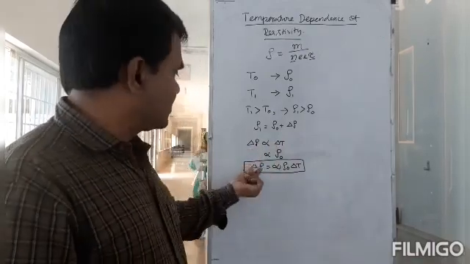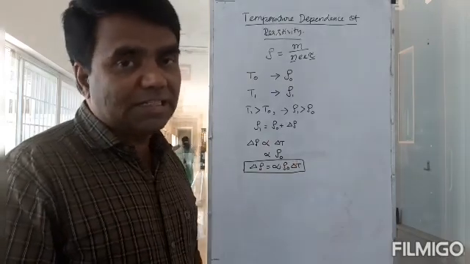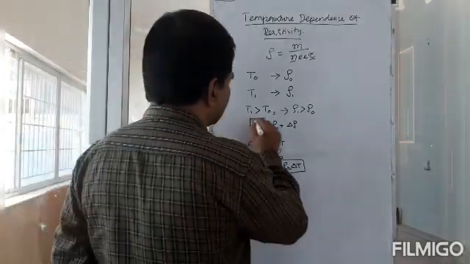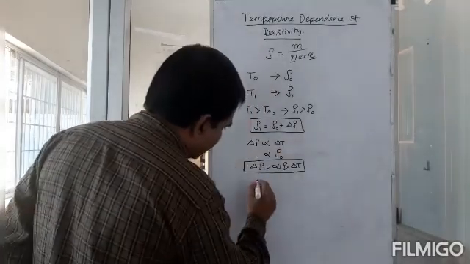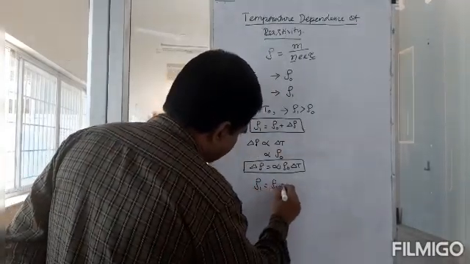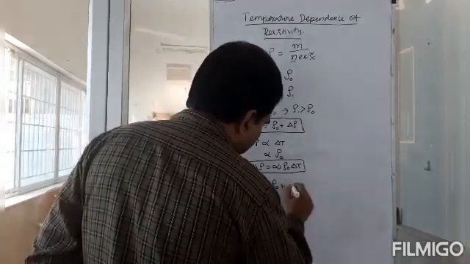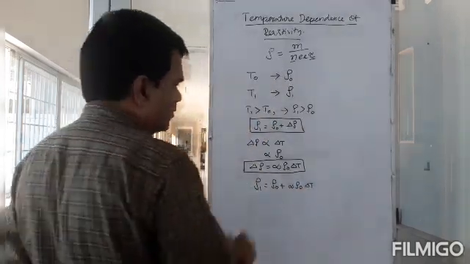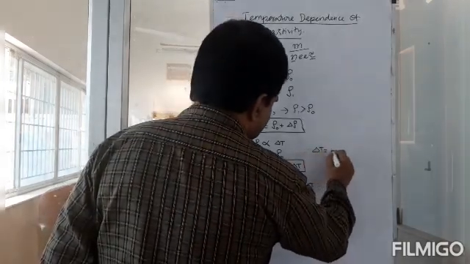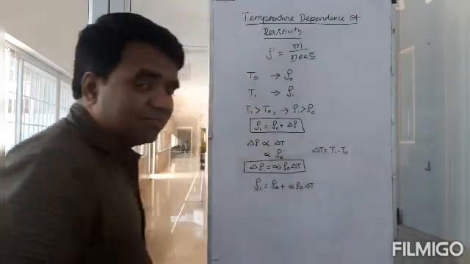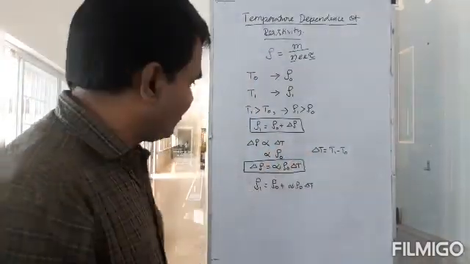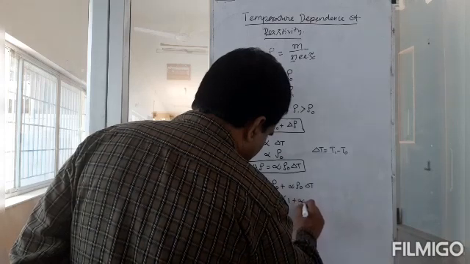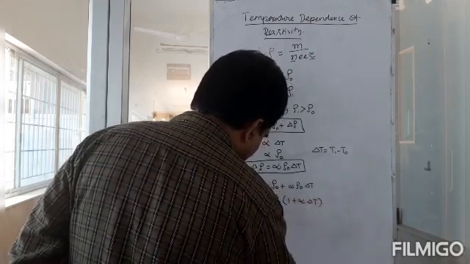So delta rho is equal to alpha rho naught delta T. If we put this in the earlier equation, rho 1 is equal to rho naught plus alpha rho naught delta T. What is delta T? Delta T is simply T1 minus T0, final temperature minus initial temperature. So I can take rho naught out, and I have rho 1 equal to rho naught times 1 plus alpha delta T.